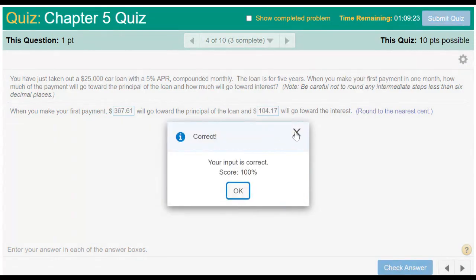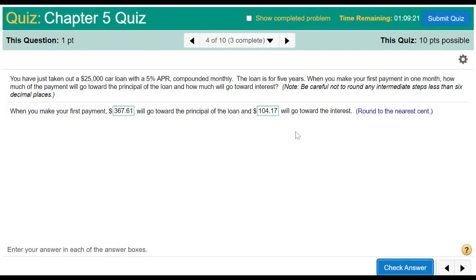Good. But can we go over how we find the interest part of it again? Yeah. So the interest is 5 divided by 12. But that's a percentage.